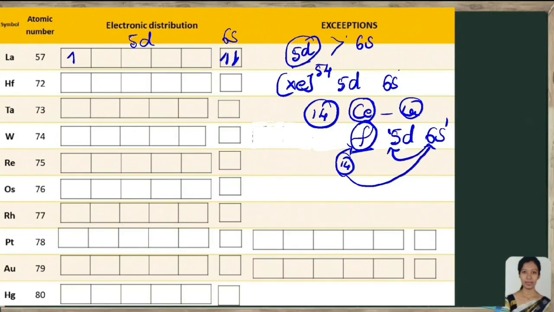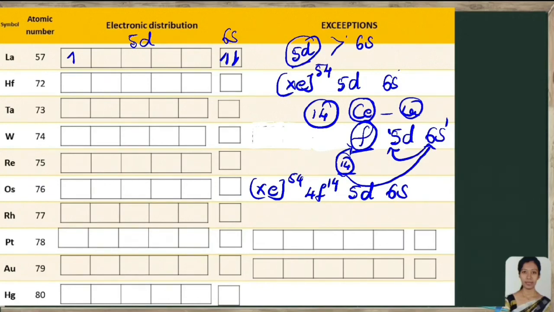When we are writing the electronic configuration for hafnium, you should consider the inner 14 electrons. That means xenon 54, 4f14, 5d and 6s. So 54 plus 14 will be 68.